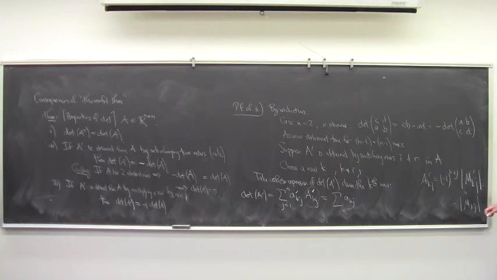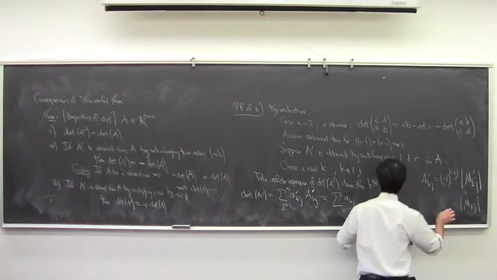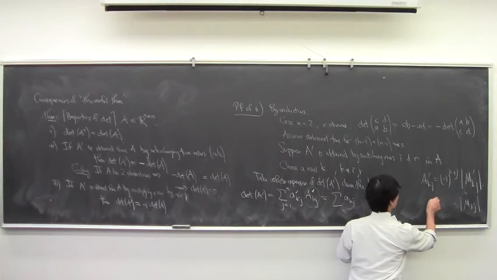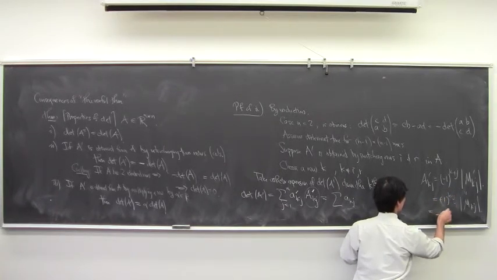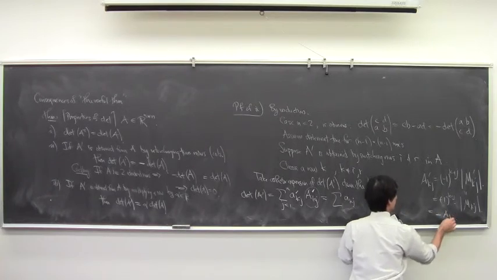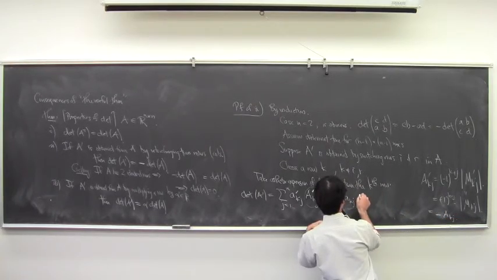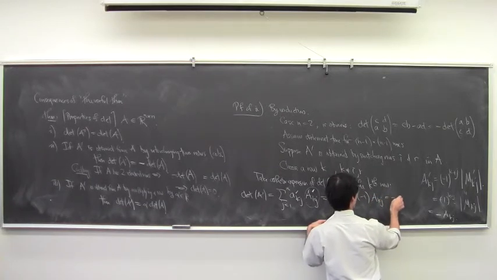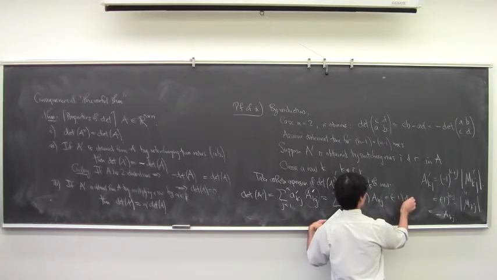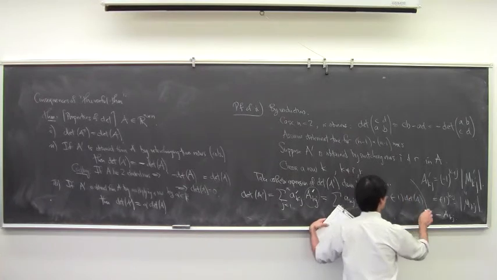So what you get is negative the corresponding cofactor, and so you end up with negative 1 times the determinant of the original matrix.